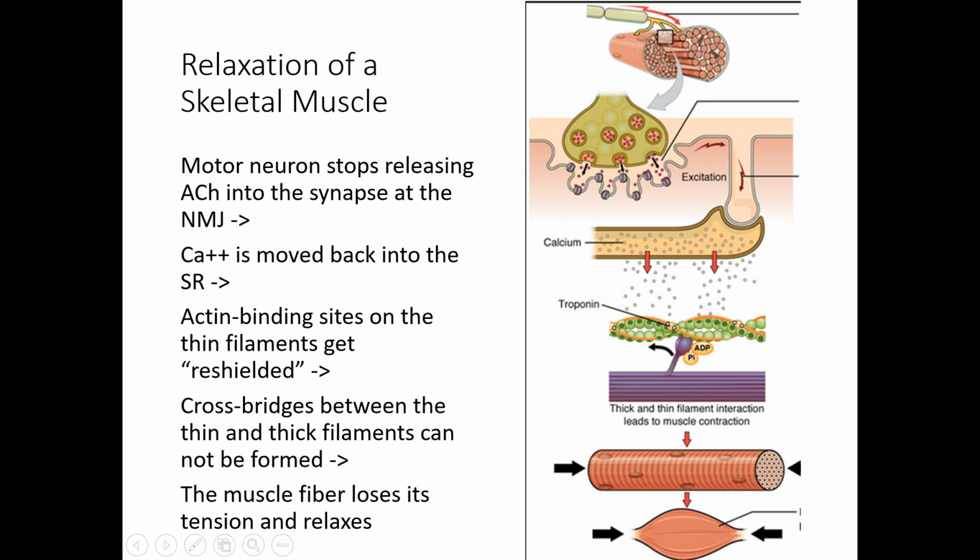If there is no stimulation from an action potential, calcium goes back into the sarcoplasmic reticulum, goes the other way. If there is no calcium for actin, the binding sites of actin will be covered with troponin and tropomyosin again, and formation of connection between myosin heads and actin, cross bridges, is not possible. It means the muscle cannot contract anymore and it relaxes.